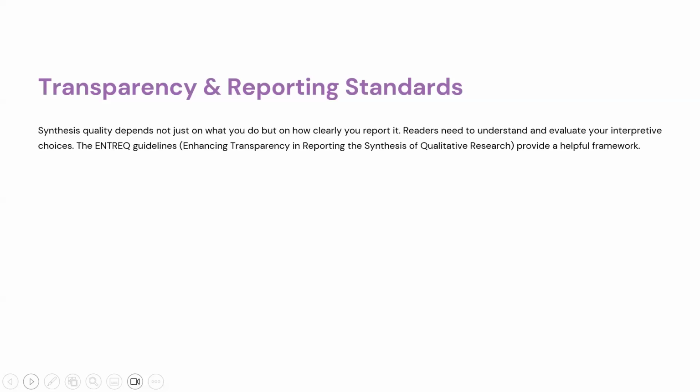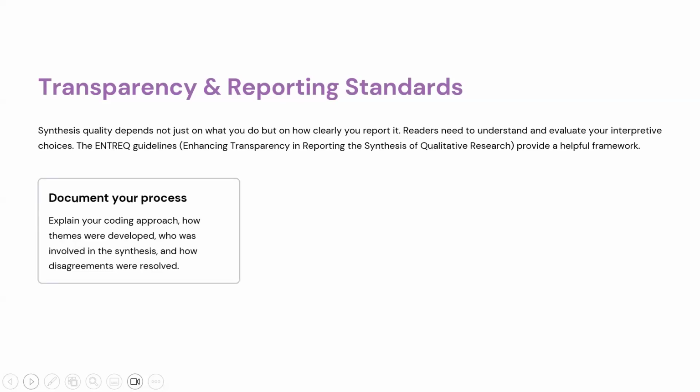You can have all the rich data in the world and have very clearly, highly developed concepts and ideas, but if you cannot express that very clearly to your readers, you will not be achieving your objective of basically providing insight. So readers need to understand and evaluate your interpretive choices. This is where the NTREC guidelines come in. NTREC basically standing for Enhanced Transparency in Reporting the Synthesis of Qualitative Research, and it provides a useful framework for how to do this.